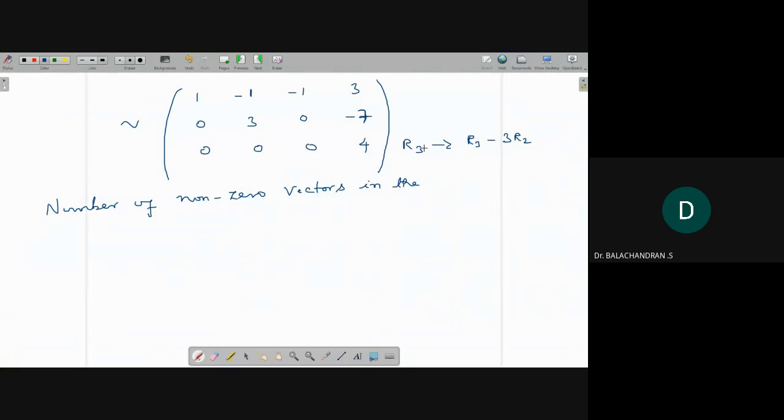In the echelon form, the rank of A is equal to the number of given vectors, which is equal to 3. So therefore x1, x2, x3 are linearly independent.